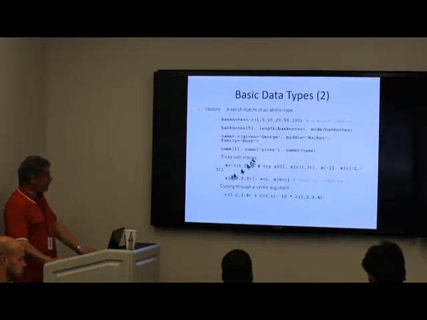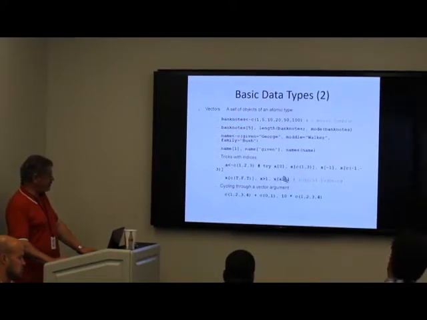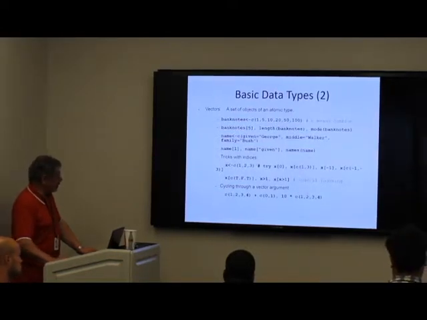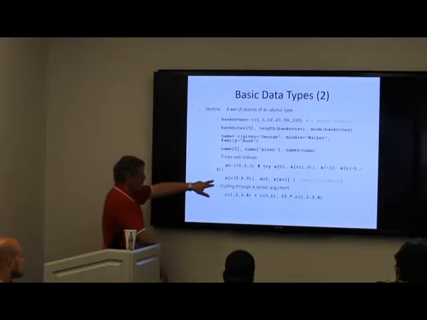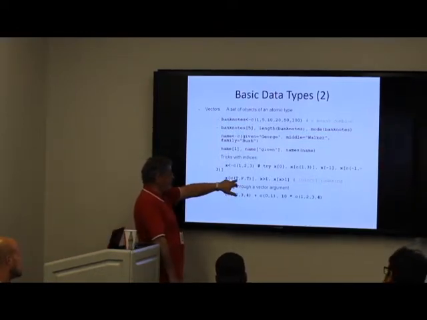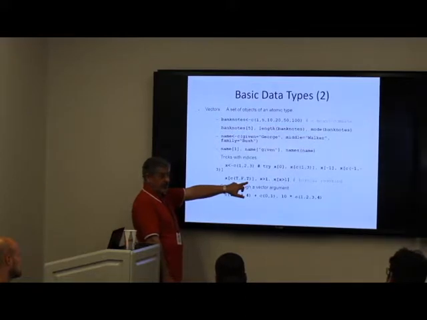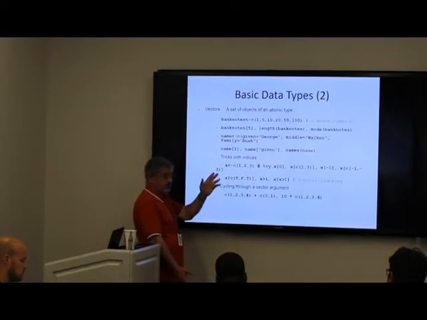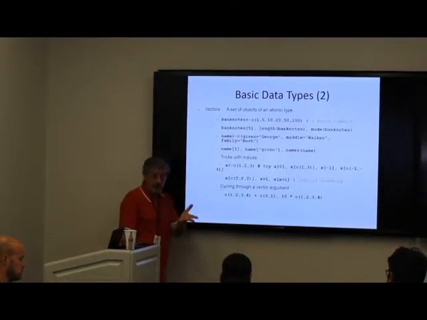There are some tricks or ways to try on your own. This is, for example, true, false, true. Right? We said either TRUE capital or T. So this becomes a logical vector.